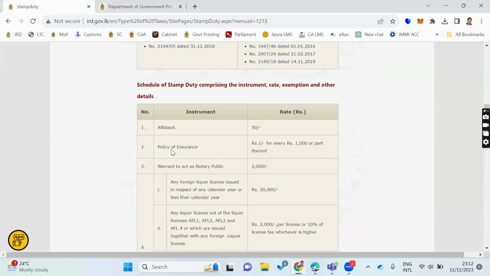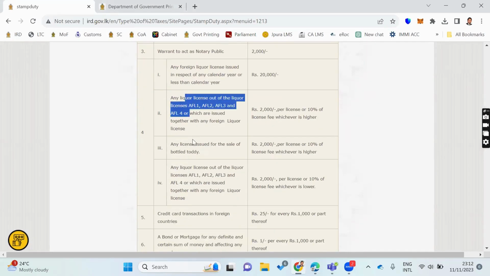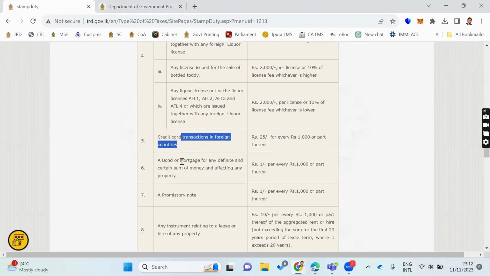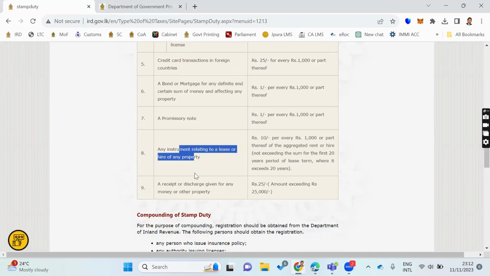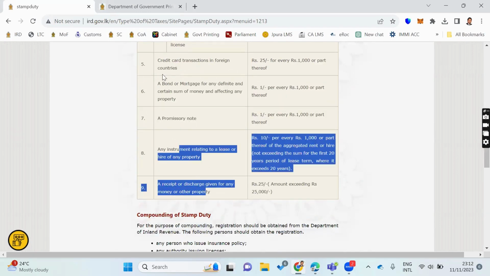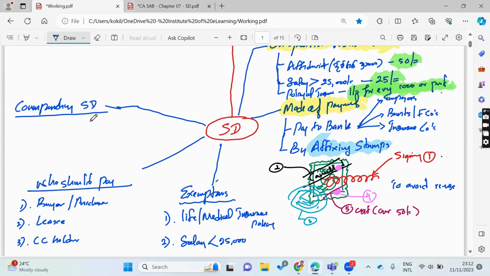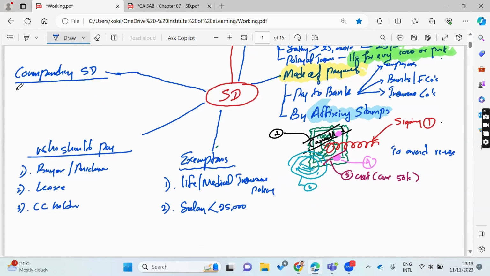Other than insurance, the license, credit card, bond mortgage, promissory note, lease, salary, all these instruments go through compounding agents. The employer will deduct from your salary.